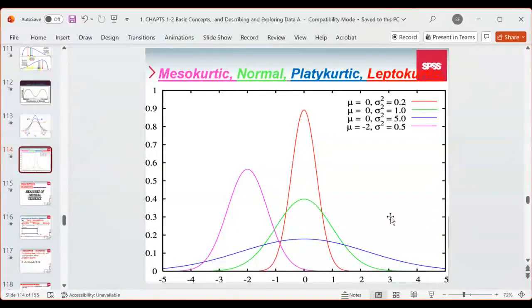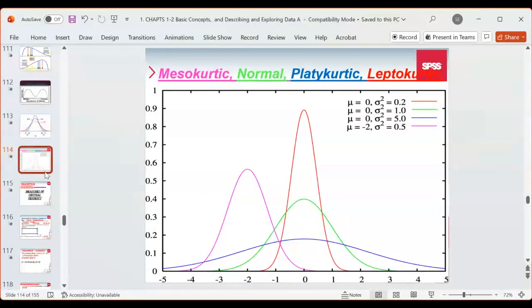And again, it's just to become familiar that green is the normal distribution. It has to be shaped like that, not like platykurtic. That's not normal. But again, that's just for information. It's nothing to be tested on. It's good to know that.